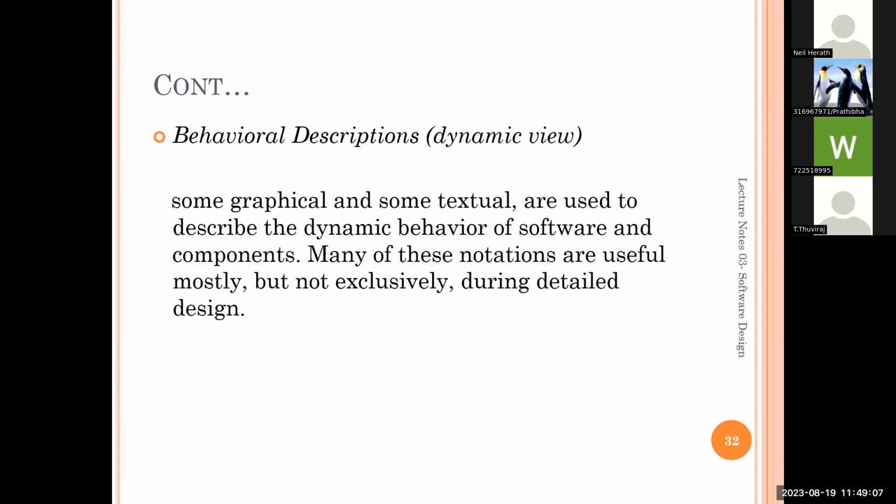Then the behavioral description or the dynamic view. In a flow chart, we are showing how some activities are carried out in order to solve a problem using an algorithm. In the design stage also, a flow chart is a simple diagram. There are more advanced diagrams like activity diagrams that will illustrate the behavioral description of the system.